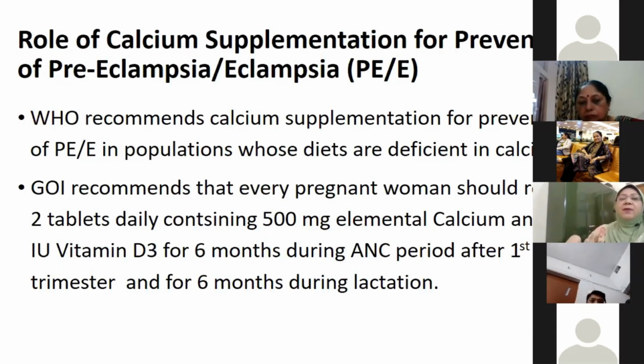So this may help in preventing or decreasing the incidence of preeclampsia, eclampsia. But Cochrane says that it will help only if the population is deficient in vitamin D and deficient in calcium, which most of our women are. Okay, next please.